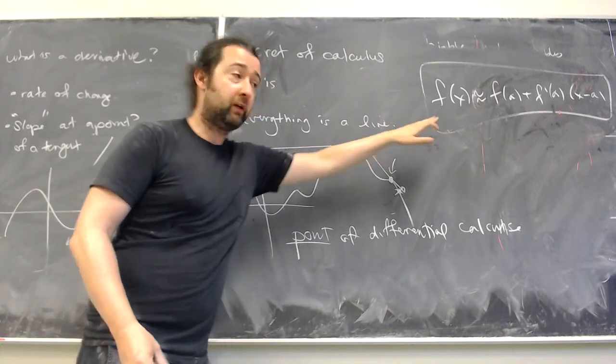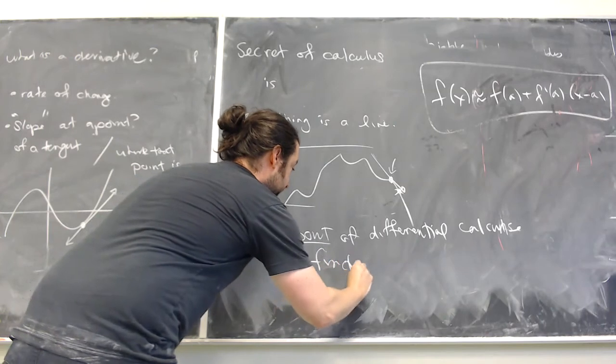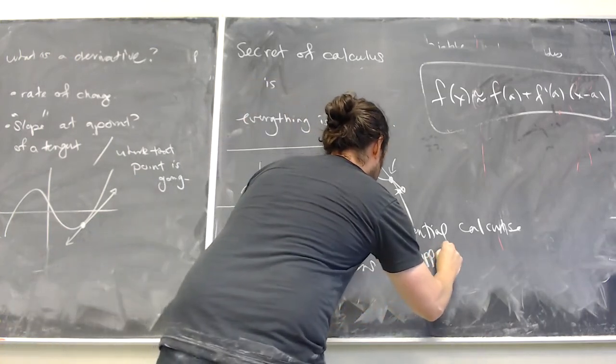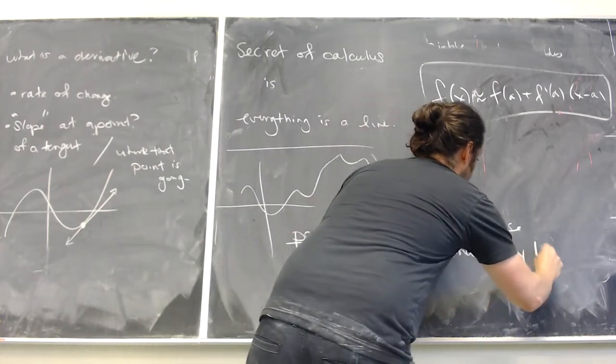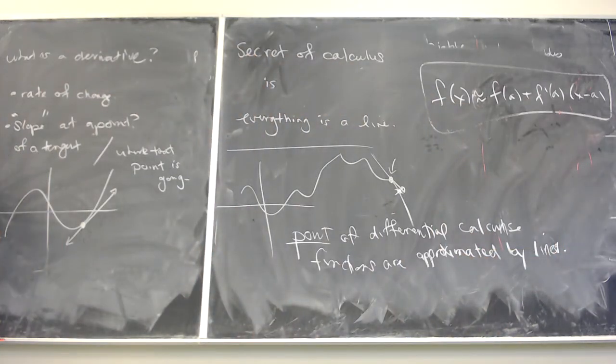So the whole point of a derivative is that functions are approximated by lines. The entire point of the subject is that functions can be replaced with linear approximations. Okay?